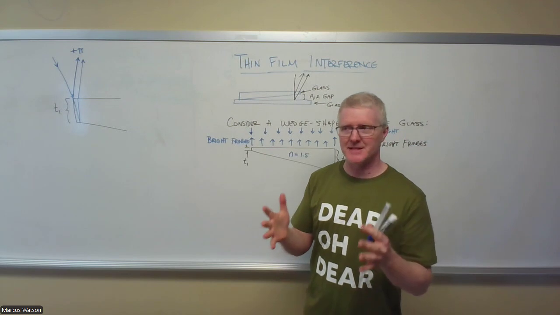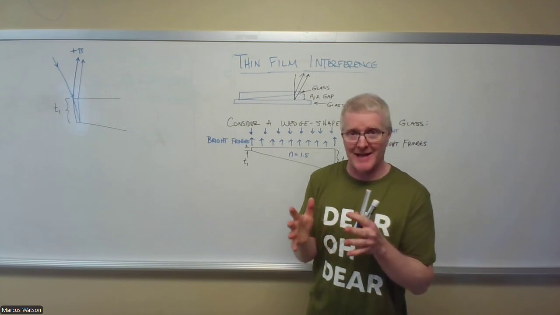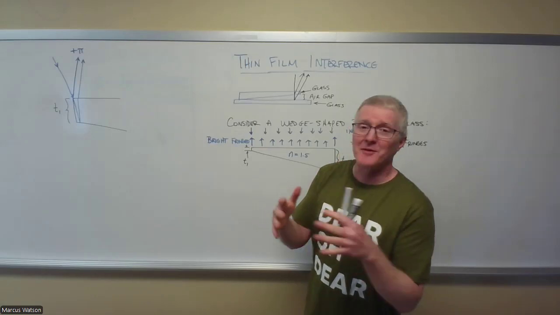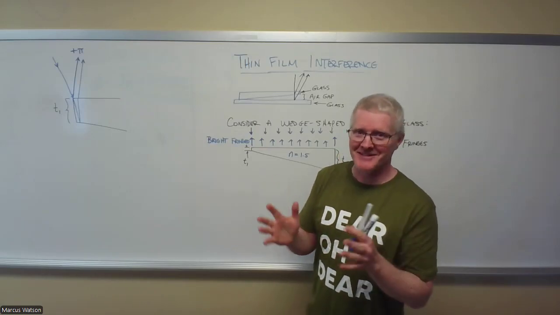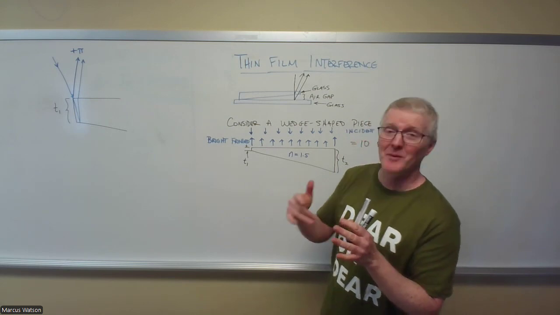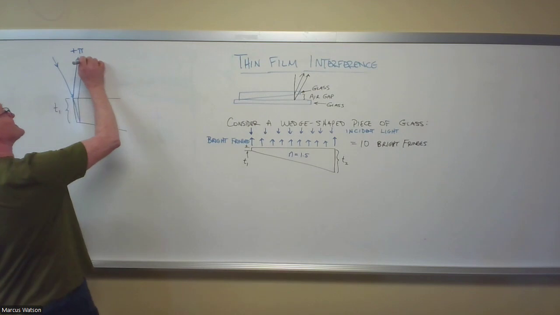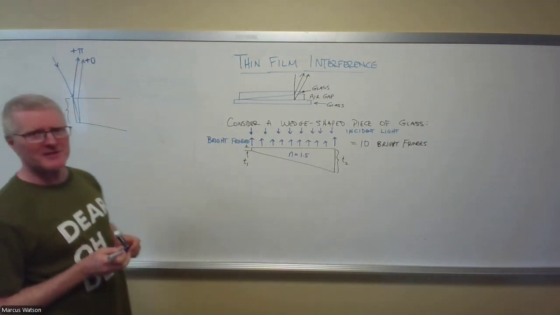Macroscopically, in the sense that it was going slightly slower in the glass, and now it's going into air, so it's going faster. We get zero phase shift. Okay, so I marked that with a +0.